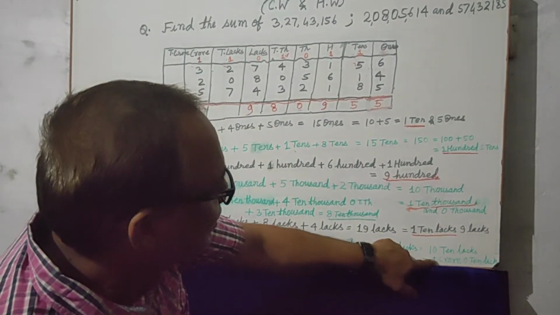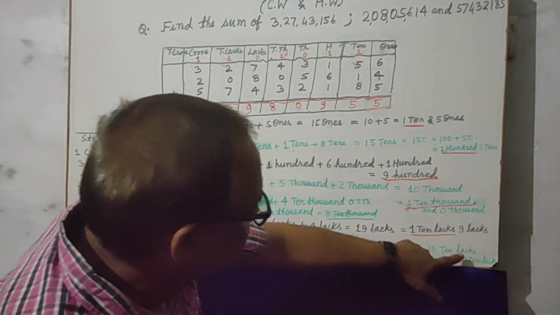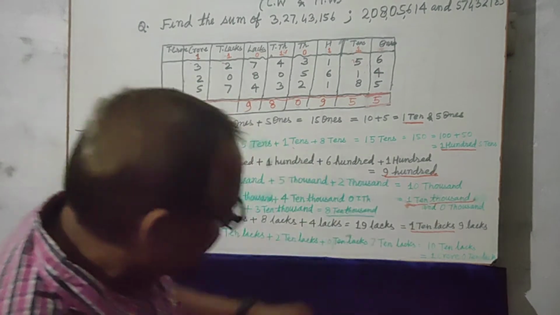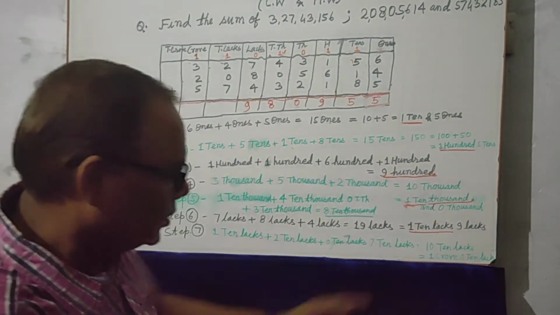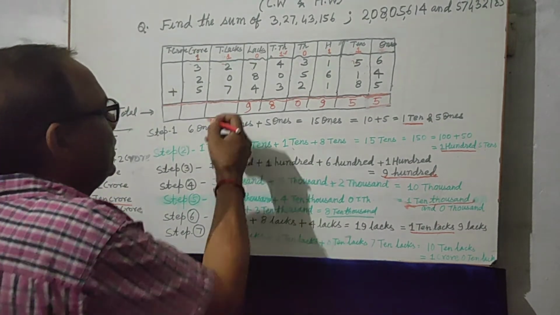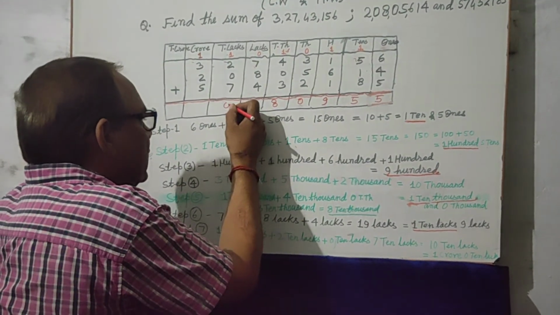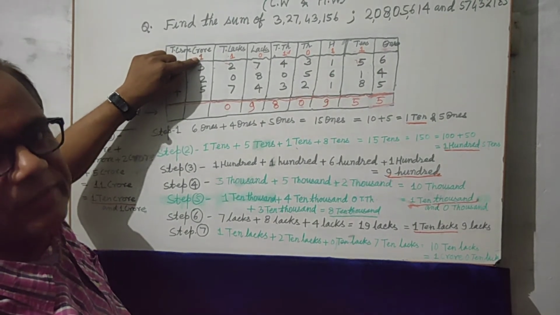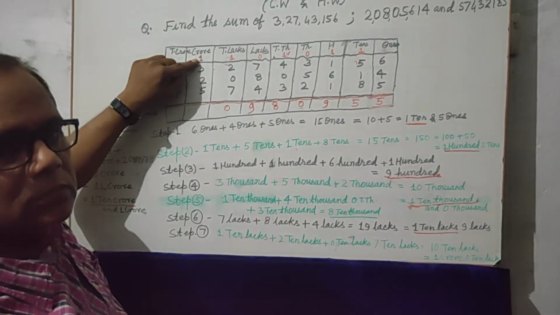It means 1 crore and 0 ten lakhs. So 0 ten lakhs, and carry 1 to the place value of crore.